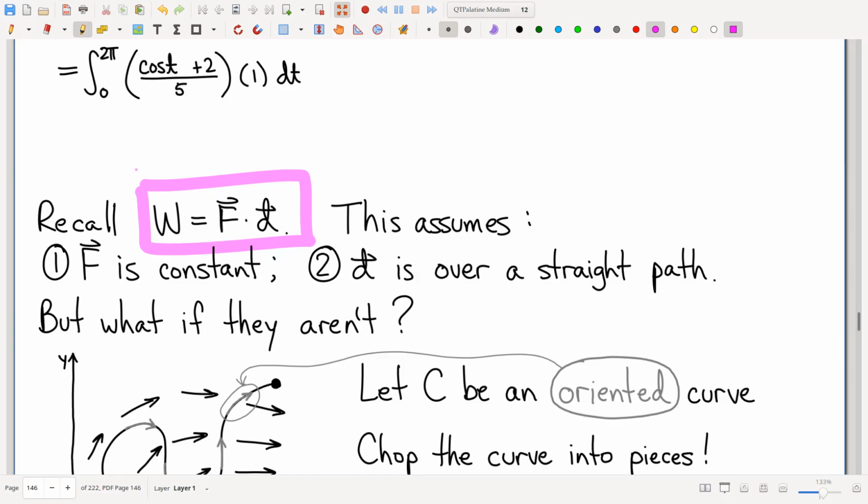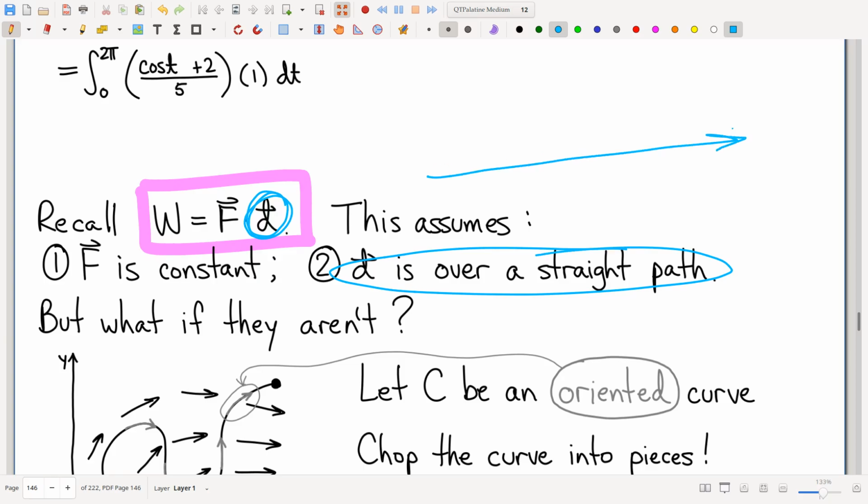So the dot product makes all that asterisk business go away. But it does remain, unfortunately, that this assumes that displacement is over a straight path. And it assumes that this force vector is constant.